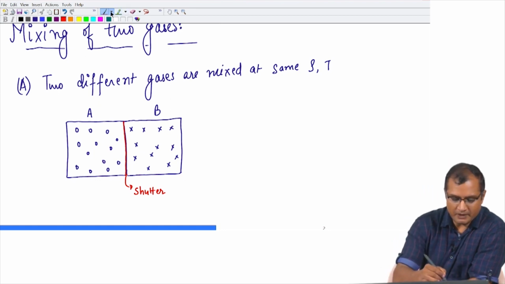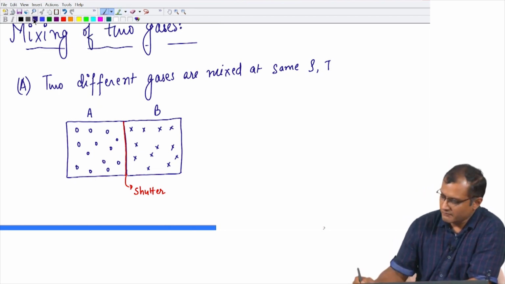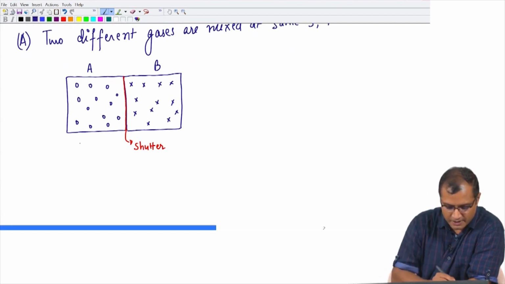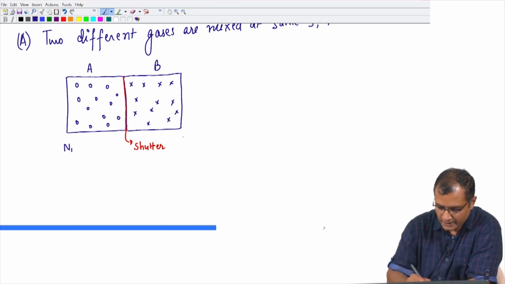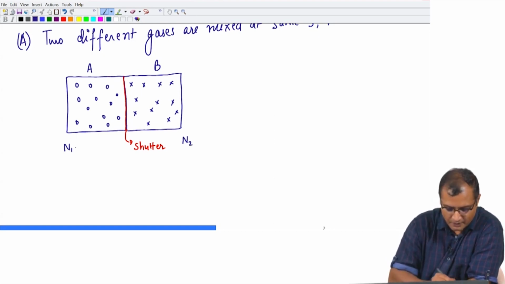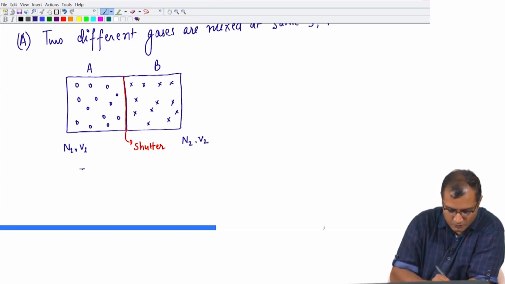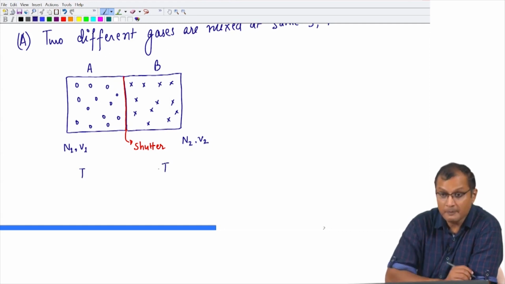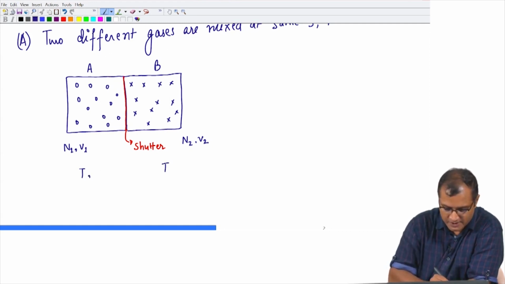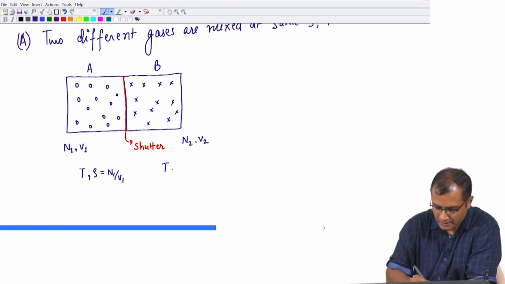For simplicity, I have taken N1 particles on this side, N2 particles on the other side, and I have taken volume V1 and volume V2. I have taken the temperature to be the same and the density to be the same. So, the rho here is N1 by V1 and the density here is also the same.